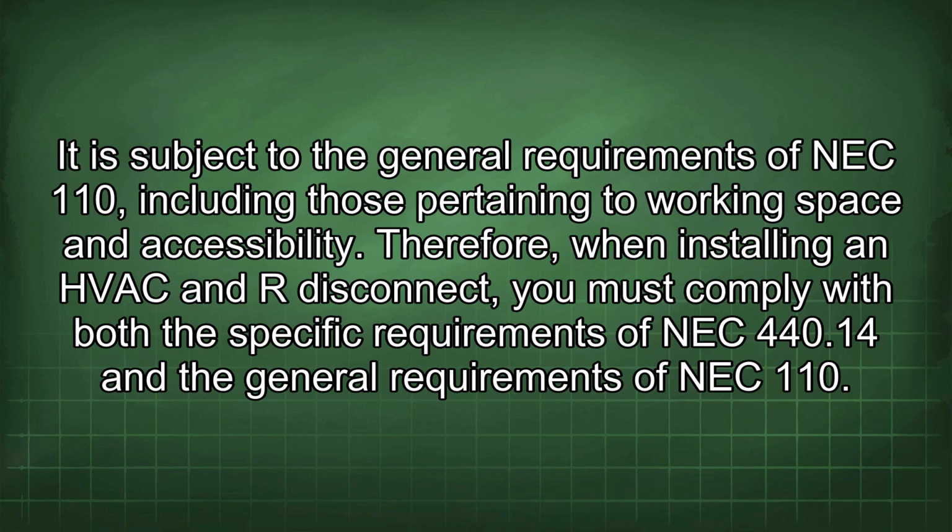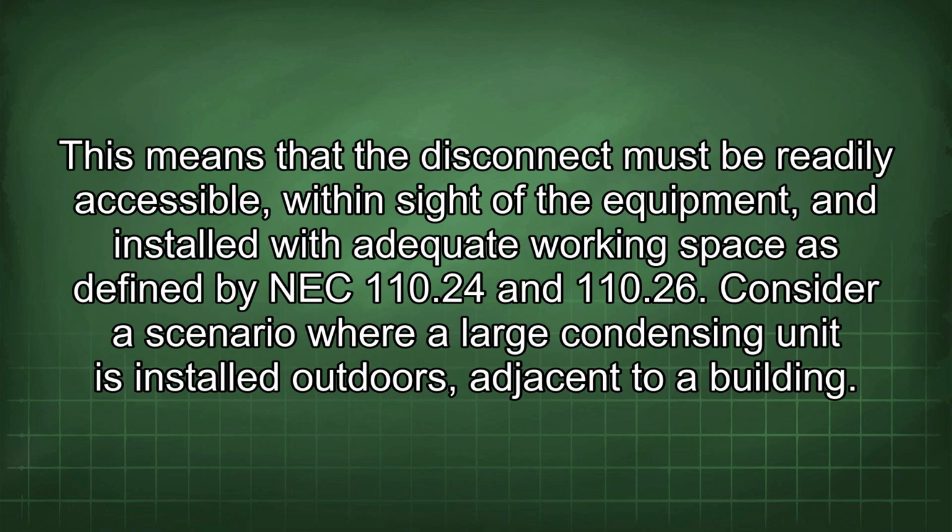Therefore, when installing an HVAC and R disconnect, you must comply with both the specific requirements of NEC 440.14 and the general requirements of NEC 110. This means that the disconnect must be readily accessible, within sight of the equipment, and installed with adequate working space as defined by NEC 110.24 and 110.26.